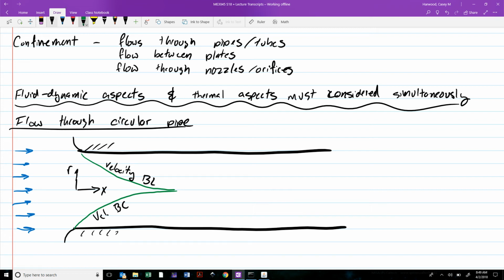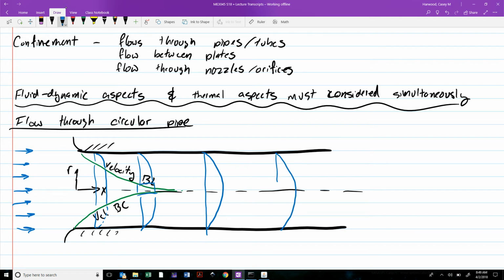And so when they meet, of course, they have to stop growing. Upstream, we end up with this region of changing velocity in the boundary layer and constant velocity between them. But as soon as it reaches this point where they meet, our velocity remains constant at every point downstream, or our velocity distribution remains unchanged at every point downstream.